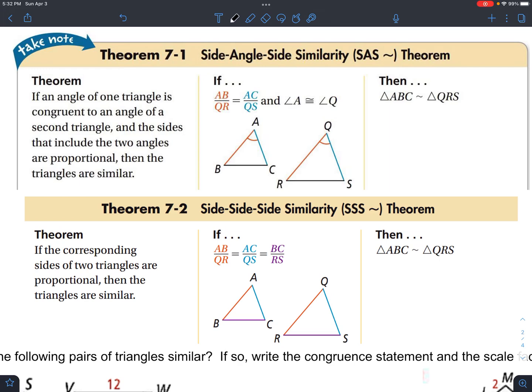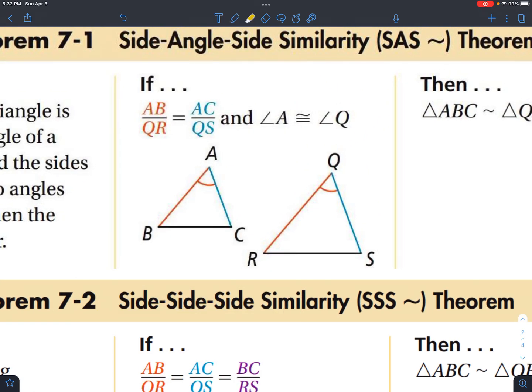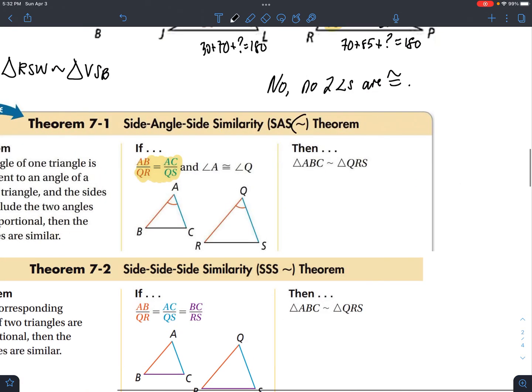Now, how does this differ from SAS and SSS from before? It's a little different. You have to read this carefully, or else you might think they're the same. It's not the same old side-angle-side where two sides are congruent and then an angle. It's proportional. So this means that they are proportional.